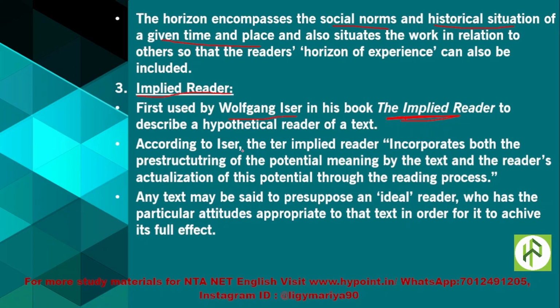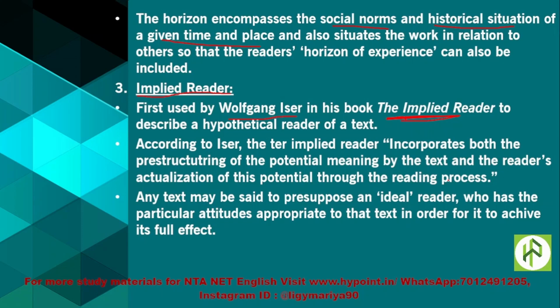According to Iser, the implied reader incorporates both the pre-structuring of the potential meaning by the text and the reader's actualization of the potential through the reading process. So Iser says that there is a meaning inside the text, many kinds of meaning. So there is a potential meaning of the text, already structured by the implied reader.